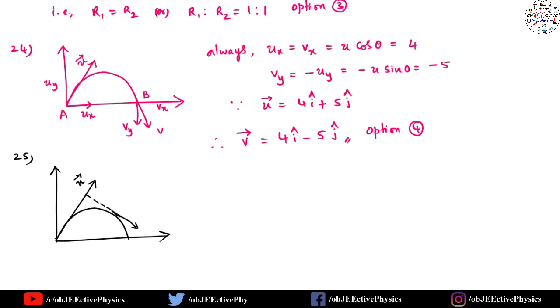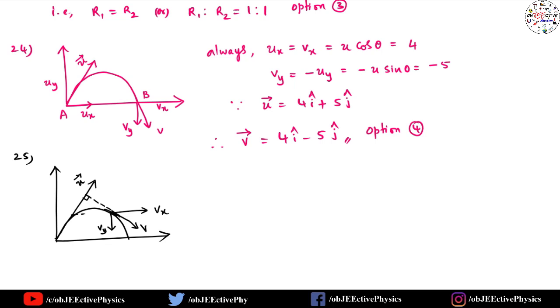After a particular time, instantaneous velocity is perpendicular to initial velocity. Let us assume that this is v, the instantaneous velocity. Vx is a horizontal component. Vy is a vertical component. It is 90 degrees. u bar and v bar are perpendicular to each other.